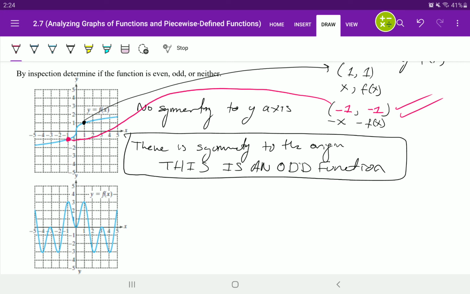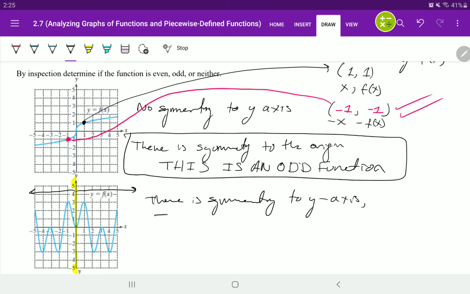Now, remember, if it's even, there is symmetry with respect to the y-axis. So I'm going to draw a line through my y-axis and see, does my left side look like my right side? And if you look here, yes, it does. The right side is a mirror image of the left side. So there is symmetry to the y-axis.